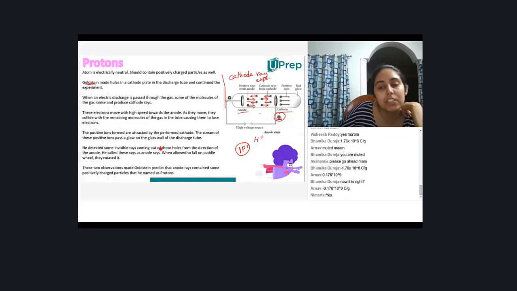So all of these protons pass through those holes, and now on the other side of the cathode, you end up having positive rays. These positive rays fall on the glass tube and create a red colored glow on the glass. And those rays are called anode rays. And anode rays are positively charged.